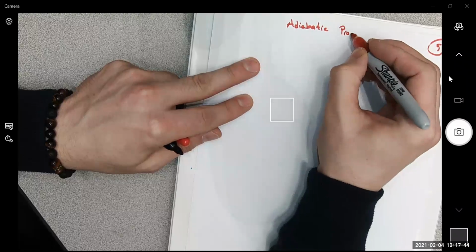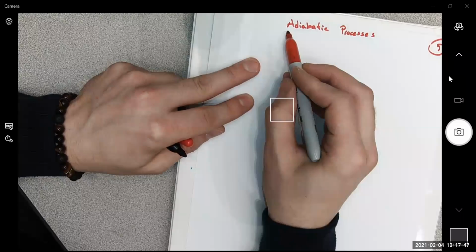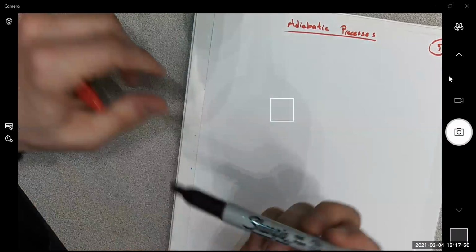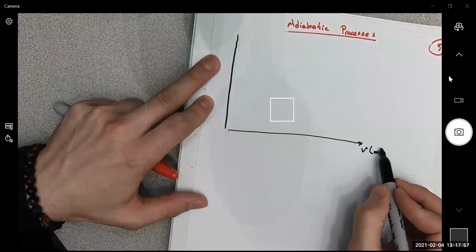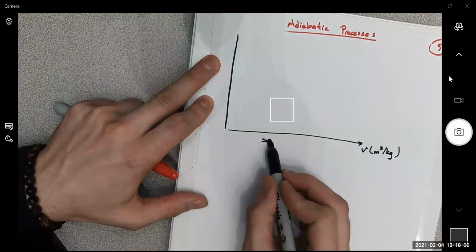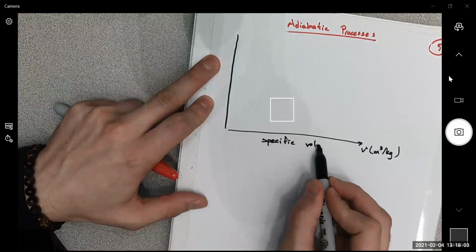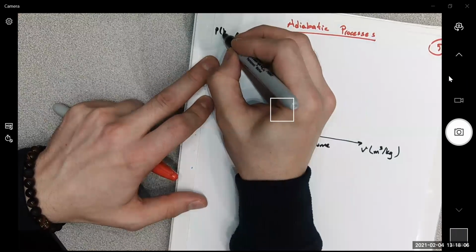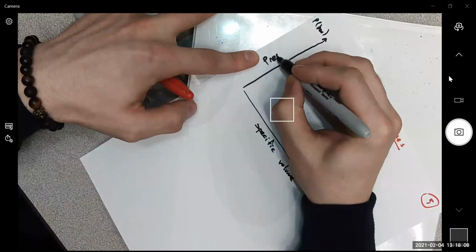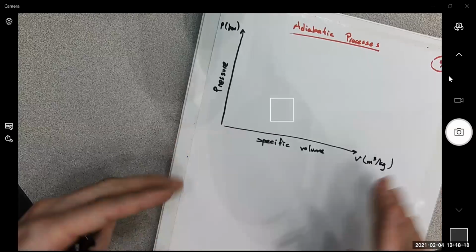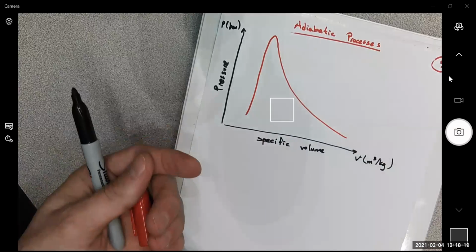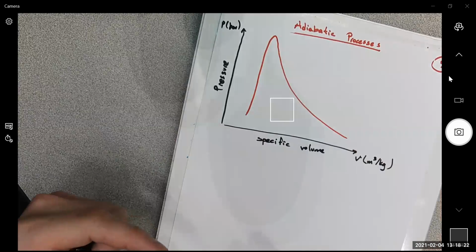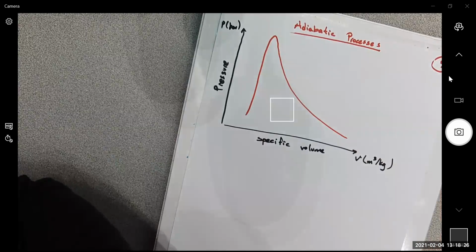Adiabatic processes. Volume, pressure. In an adiabatic process, there's no heat entering or leaving the system, right?